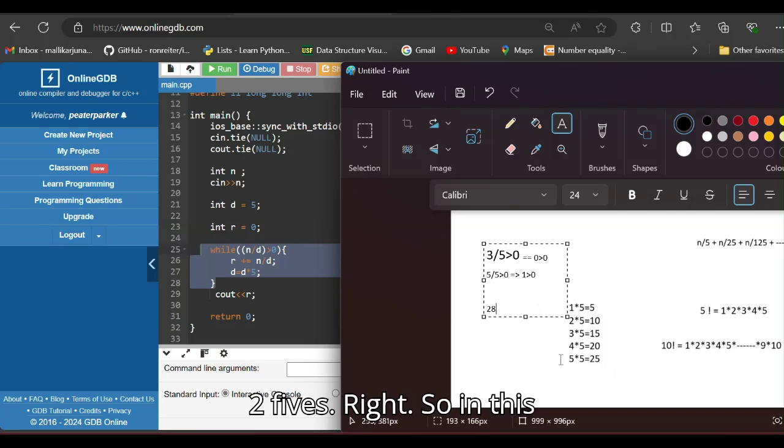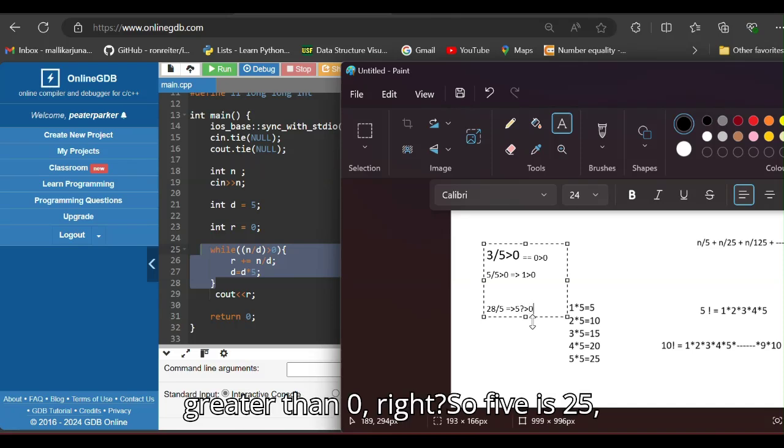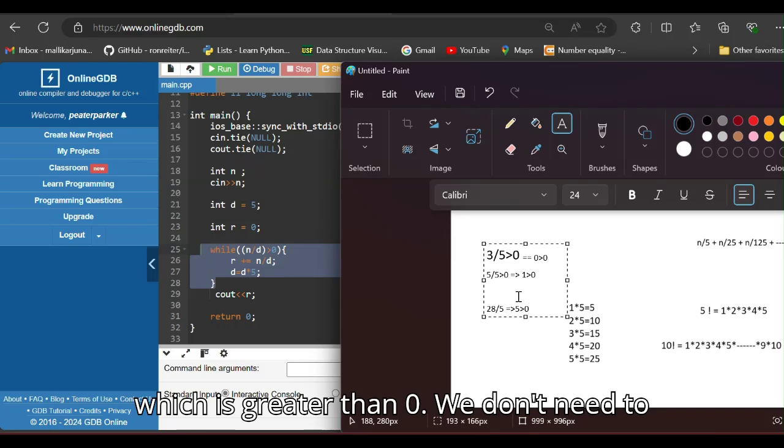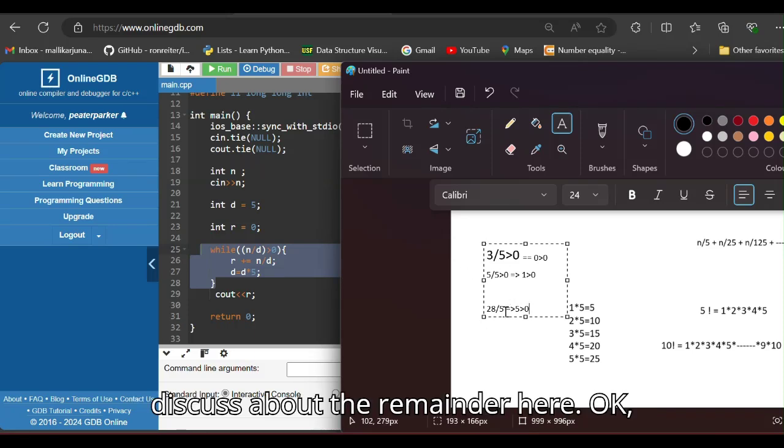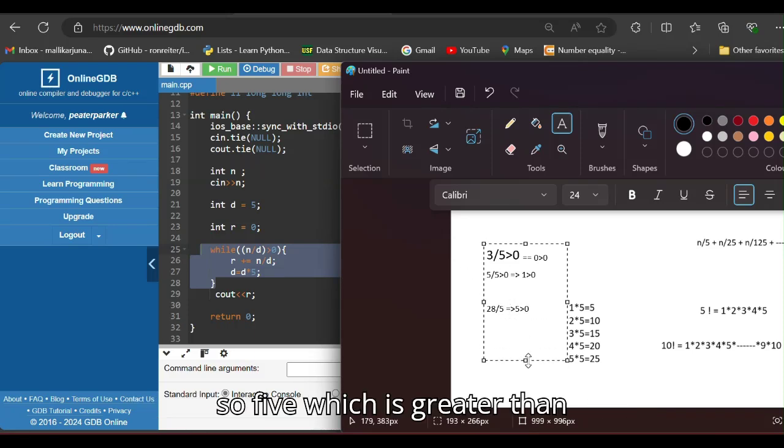So for 28, when it is divided by 5, I get 5, which is greater than 0. So 25 divided by 5 is 5, which is greater than 0. We don't need to discuss the remainder here.